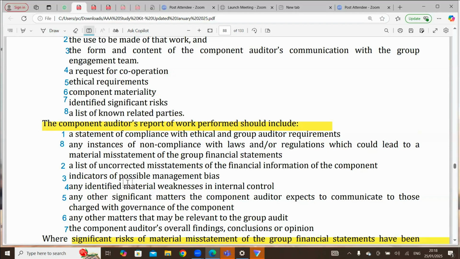There was even one day where they asked the content of the letter of instruction and the content of the auditor's report, the component auditor's report of work performed. We're not seeing it here. So I don't know if anybody has any other question. Do we have any question based off of this chapter?